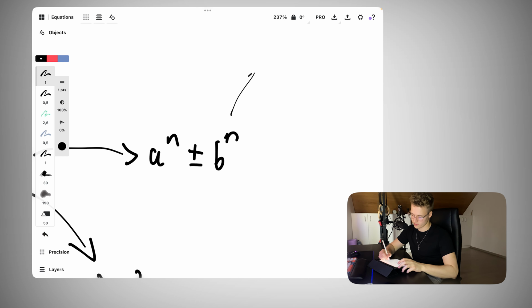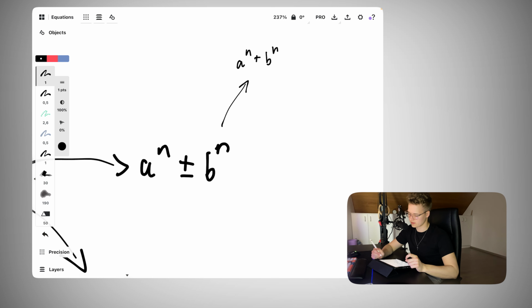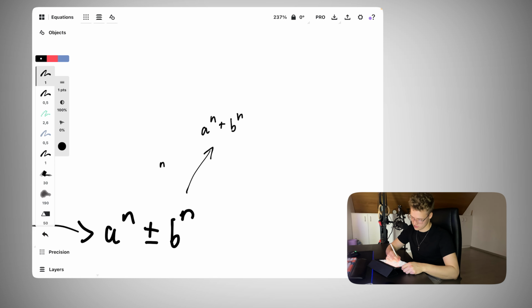If you have a plus sign between them, like this, what you need to be careful about is that the formula only works if the power that they are raised to, so n in this case, is odd. So n is odd is the only way we can have this formula here.